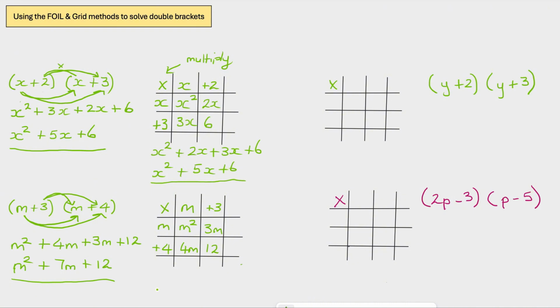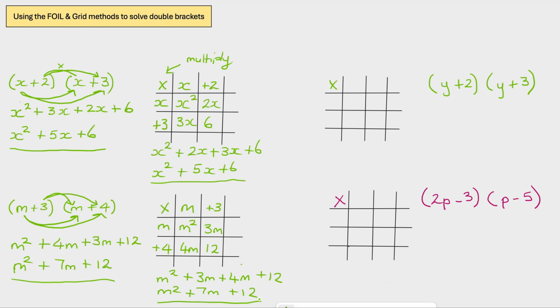Put it all together using the same principle. So it's m squared plus 3m plus 4m plus 12. Collect like terms and simplify. M squared plus 7m plus 12. Exactly the same answer.